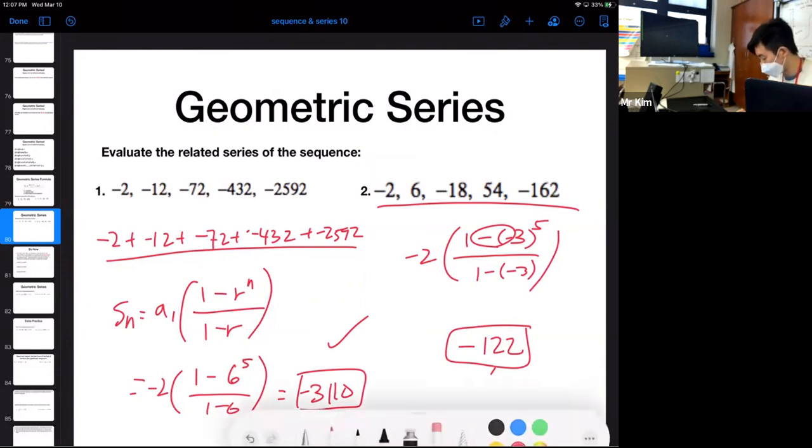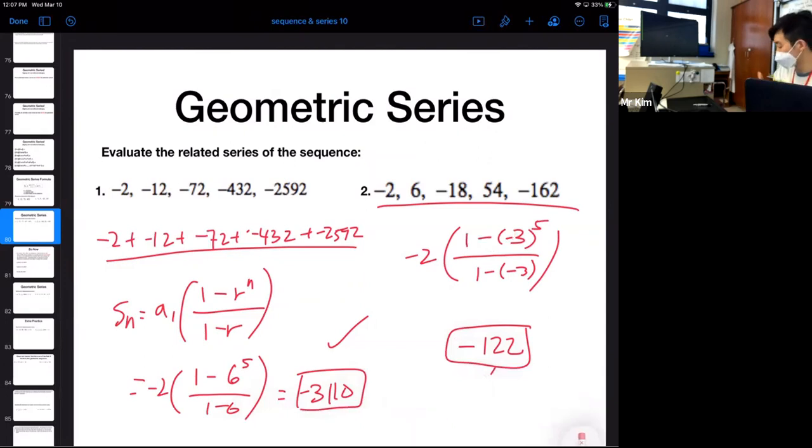Please have your parentheses around this -3 to tell the calculator, hey, take the common ratio as -3, and then just multiply accordingly. So if I just do this real quick, -3 to the power of 5, and then divide that by 1 plus 3. 61 times -2. Yep, -122 is absolutely correct.